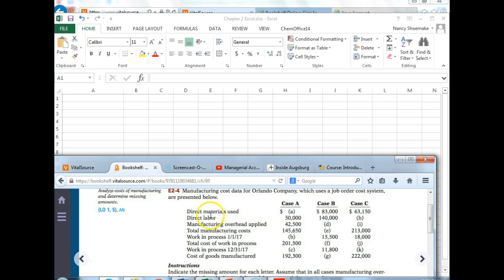Okay, so with exercise 2.4, we know the total manufacturing cost is $145,650, and total manufacturing costs equal direct materials plus direct labor plus manufacturing overhead. So A plus 50,000 plus 42.5 equals our $145,650.